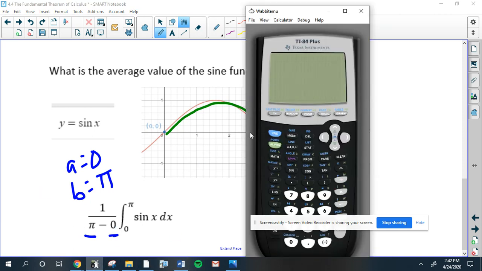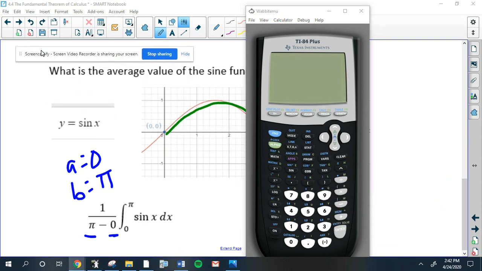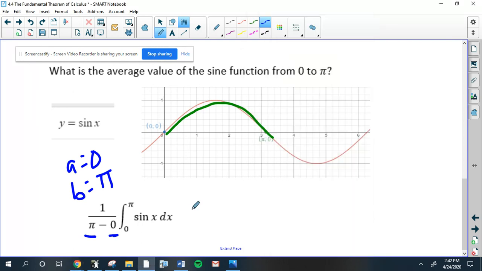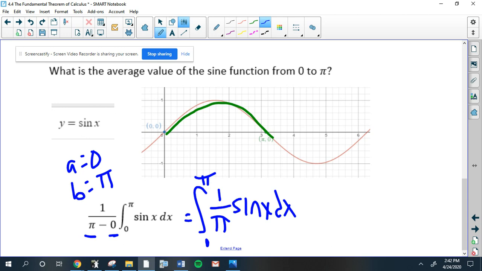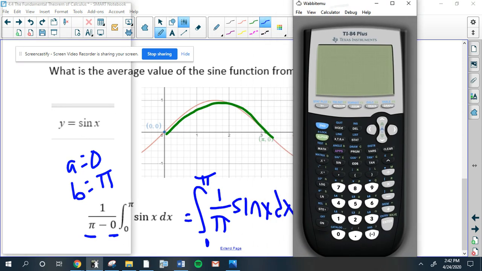A trick on the calculator: you know how you can factor out a constant from an integral? Well, you can factor the constant in as well. And I'd rather have this constant, the 1 over pi, in when I do it on my calculator, because the calculator is now going to do all the work.